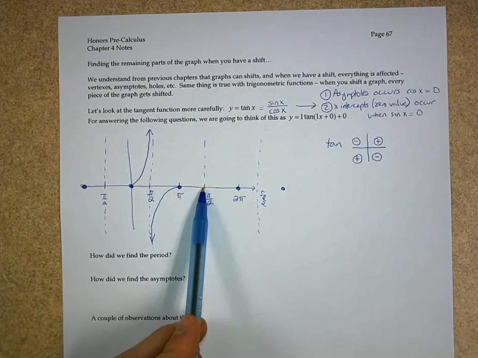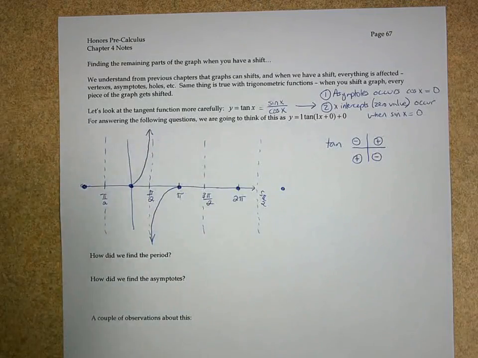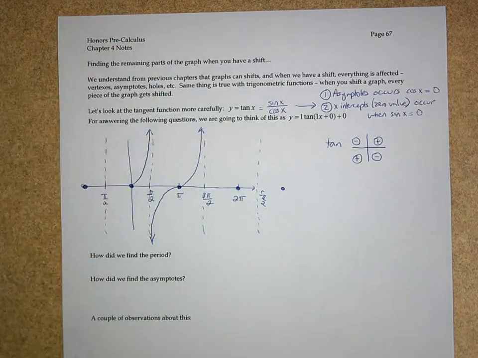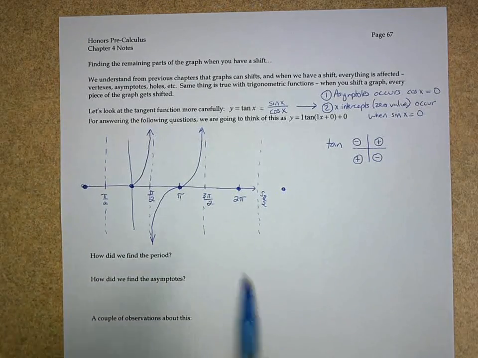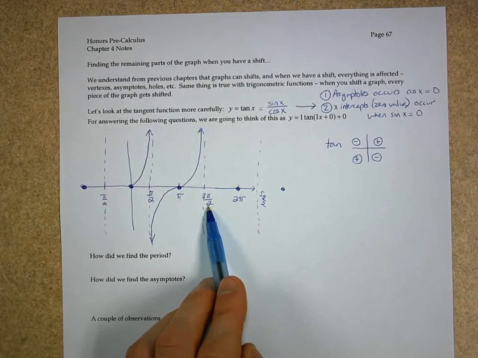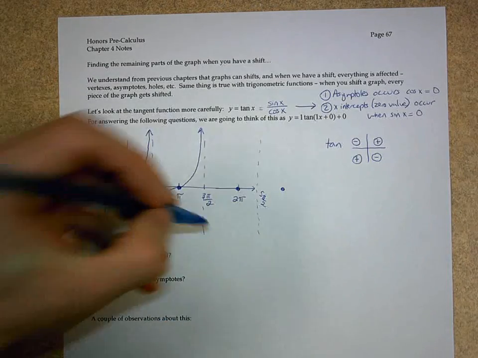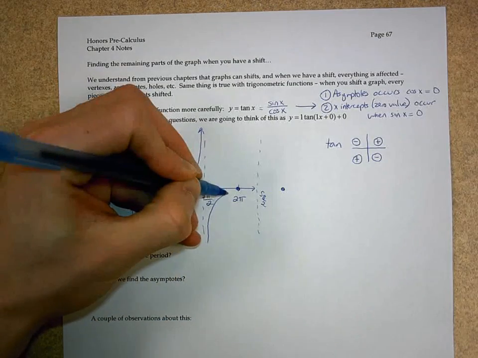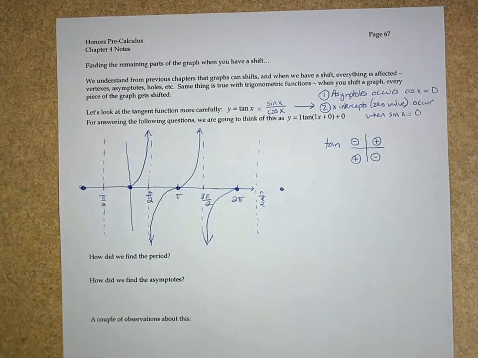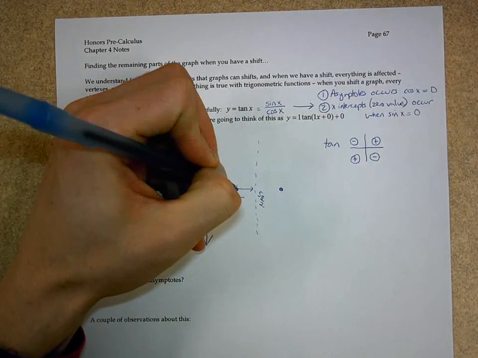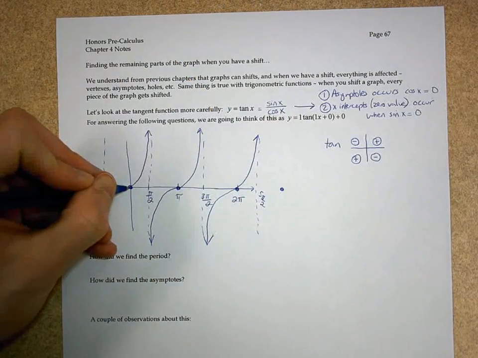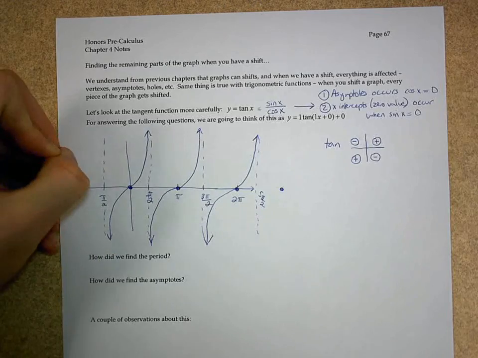So this distance here, everything in between here is the third quadrant. And we know tangent is going to be positive in the third quadrant. And then finally the last piece, 3 pi over 2 to 2 pi, same as 270 degrees to 360 degrees. So this is going to be the fourth quadrant where we're negative. And then as I go along the 2 pi to 5 pi over 2, that's the same thing as the first quadrant due to coterminal angles.